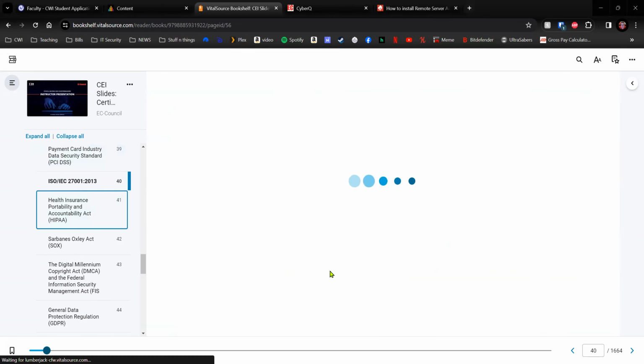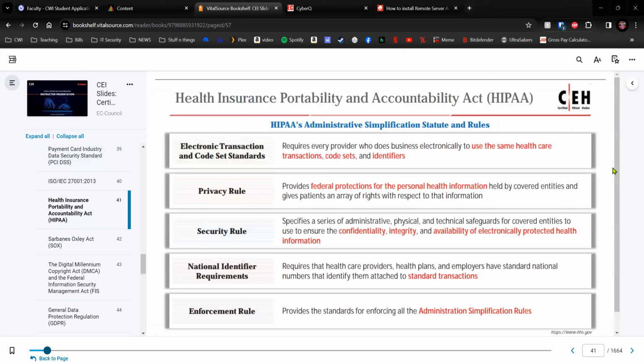HIPAA. This one is Health Records, Health Insurance Portability and Accountability Act. So the Administrative Simplification Statute and Rules, the Electronic Transactions and Code Set Standards require every provider who does business electronically to use the same healthcare transactions, code sets, and identifiers.